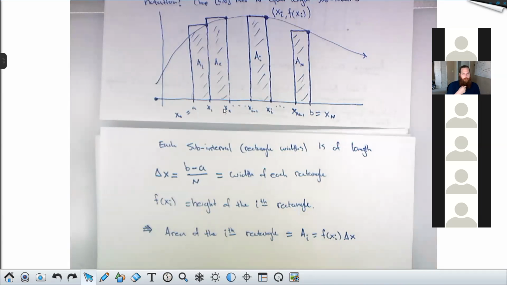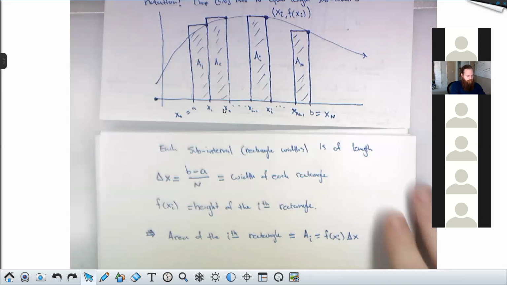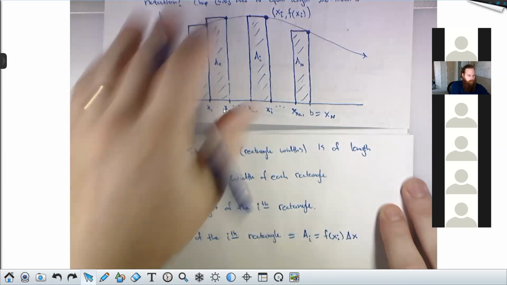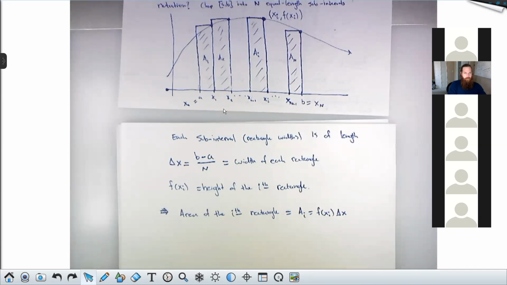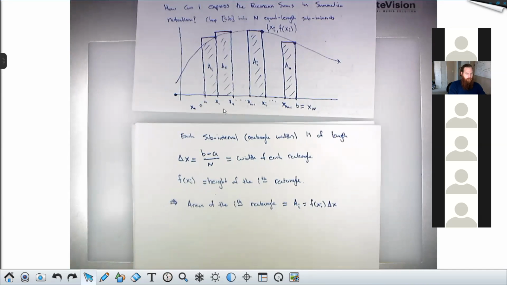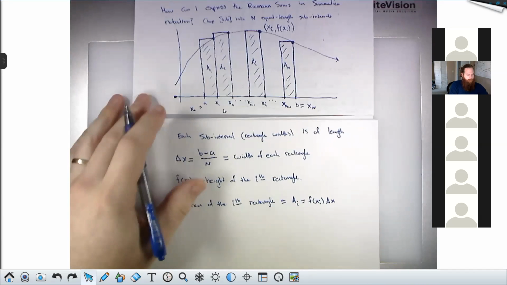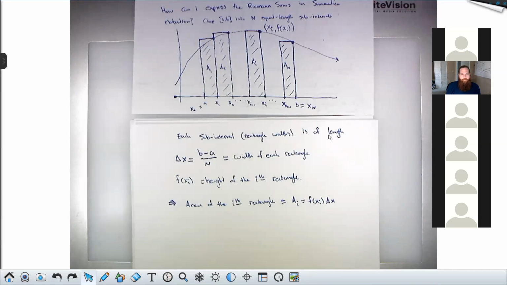So if I wanted to say what the full Riemann sum looks like, zoom out just a little bit here. Is that x to the n plus 1? The one right before b? I would be careful with the language here.